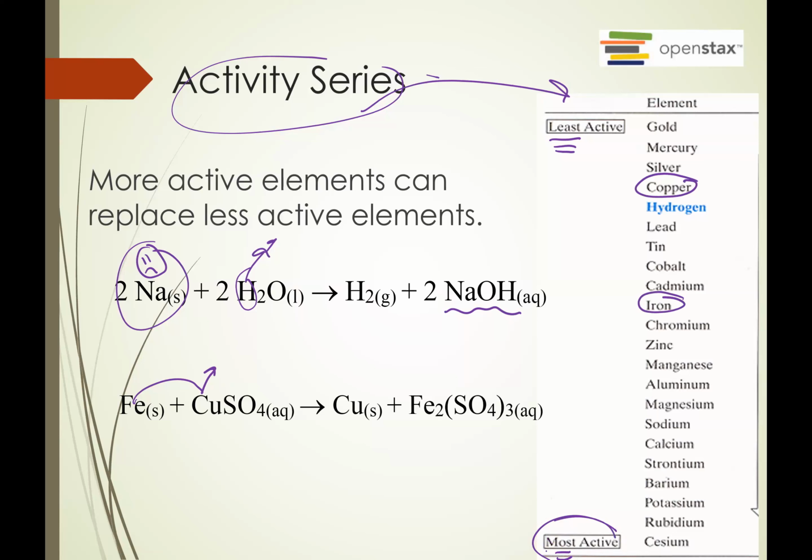Is iron more active than copper? It is. So goodbye. Here's copper now, all in its lonesome, and iron gets to be with sulfate. So that's how a single displacement reaction works. If they're stronger, they can kick them out. If they are not stronger, they cannot. Okay.